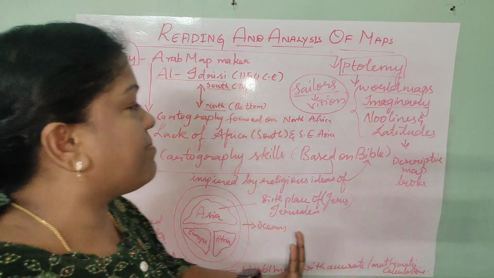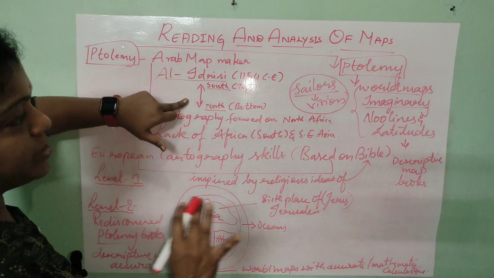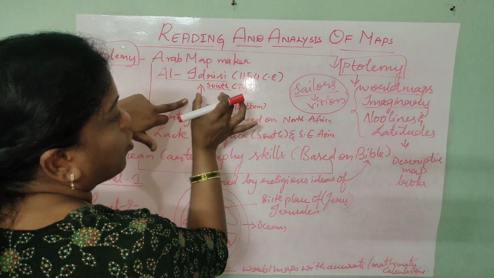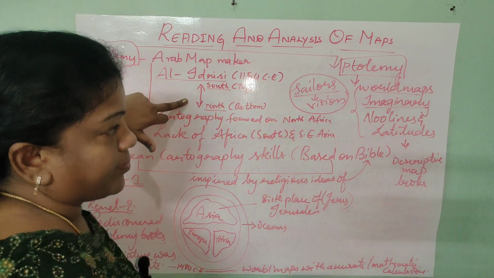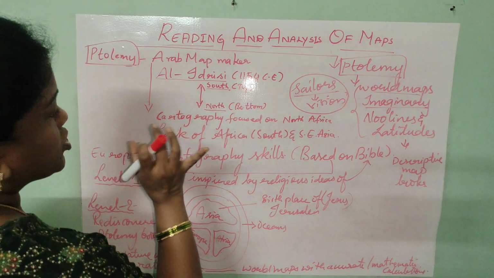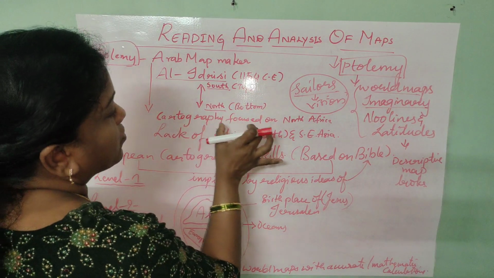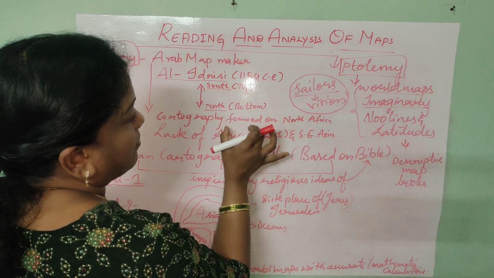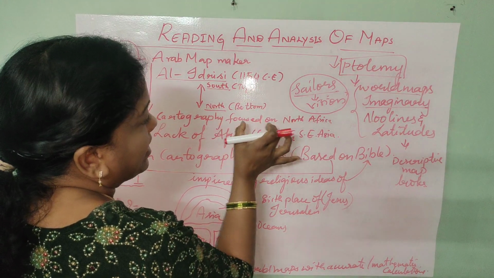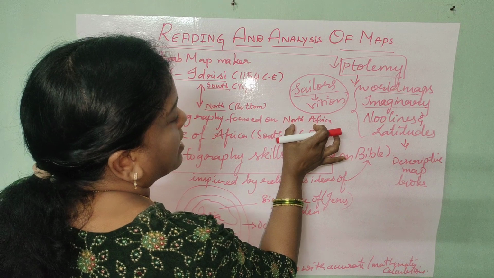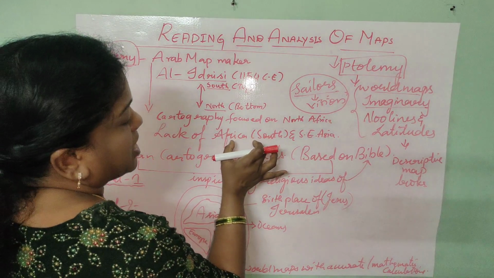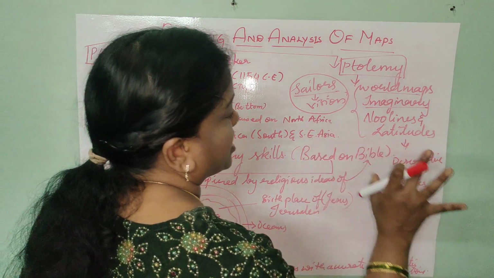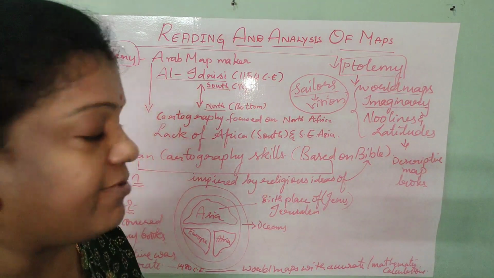But in Al-Idrisi's world map we can see south at the top and north at the bottom. Most of his cartography focused on showing only the northern parts of Africa, and details about the southern parts of Africa and Southeast Asia were not given.